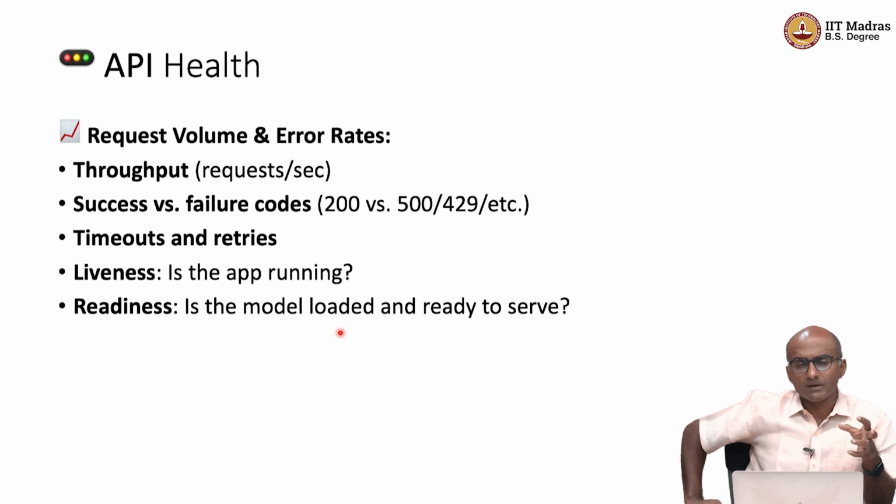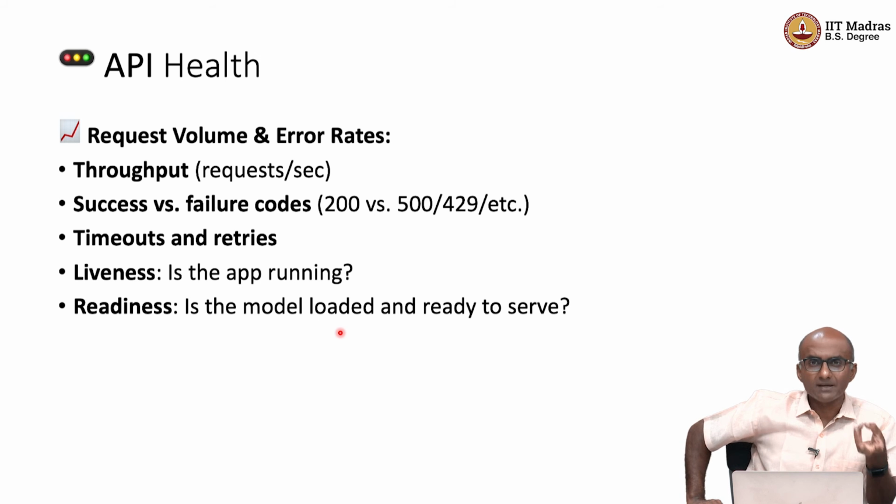And the last of the topics related to systems monitoring is API health. So here you're interested in looking at the total request volume and how many resulted in errors. One of the useful metrics here is throughput. The more throughput of successful requests you have, the more optimized your system is.